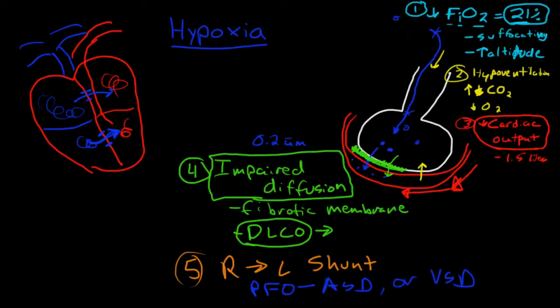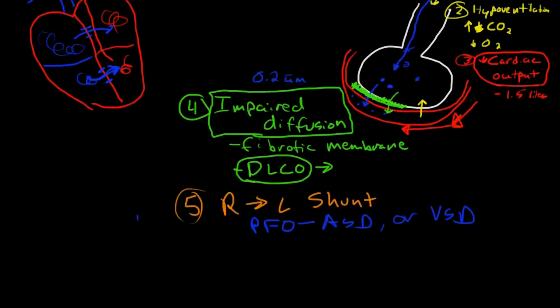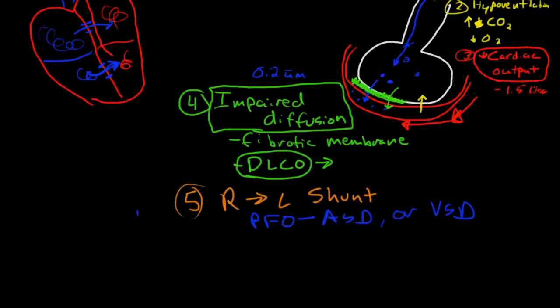Now, we can also have a physiologic shunt, and the other name for a physiologic shunt is a ventilation to perfusion mismatch, or VQ mismatch, and we talked about this in another slide.